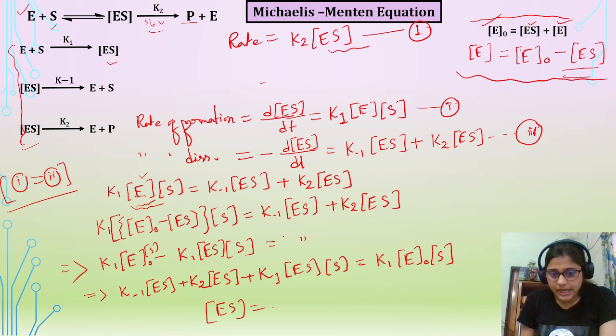Fine. Now what will be the ES from here? Just multiplication and division. If we take ES common, what will happen?